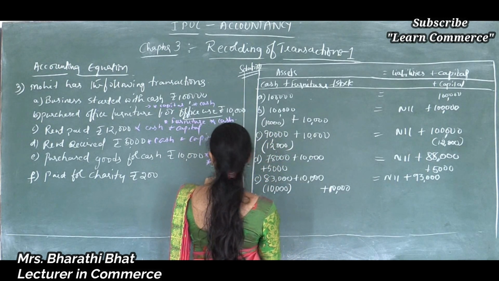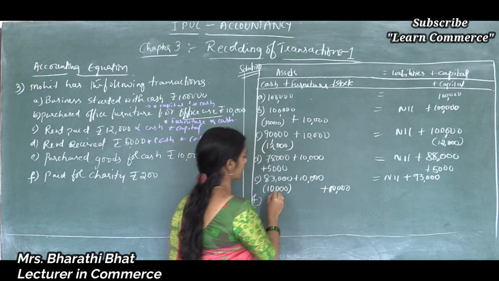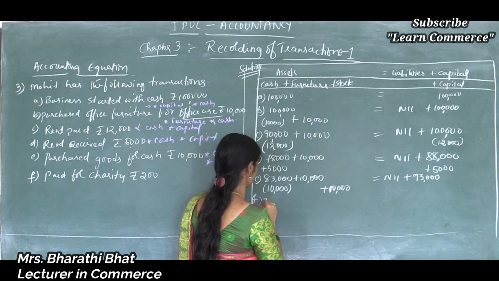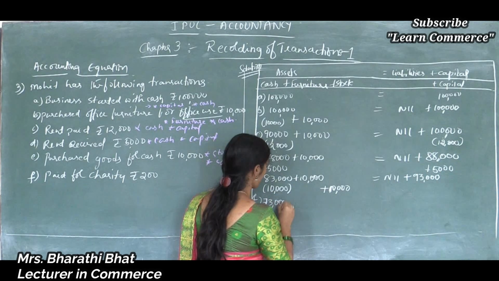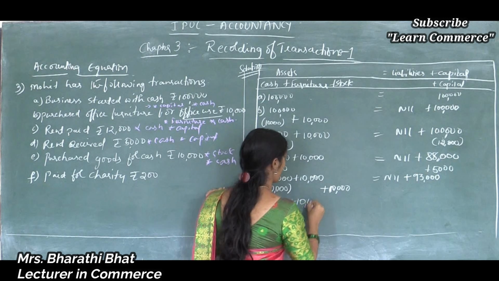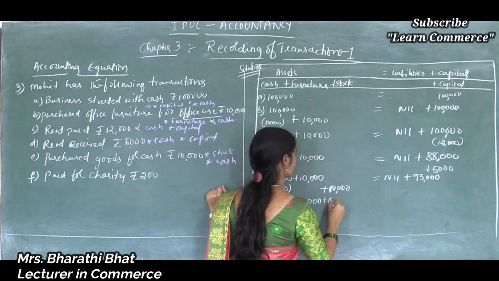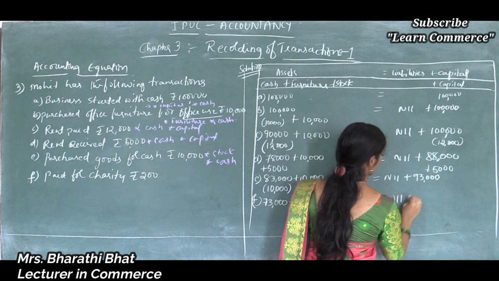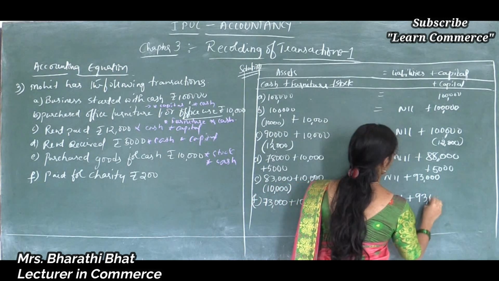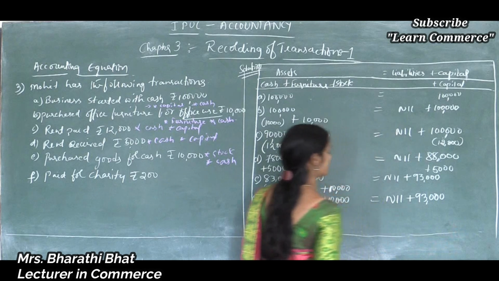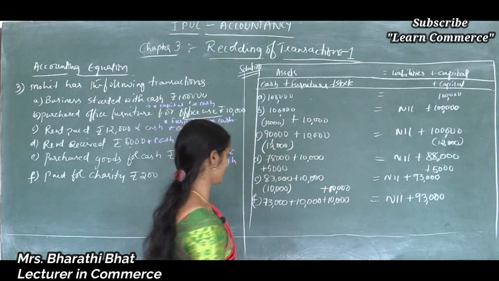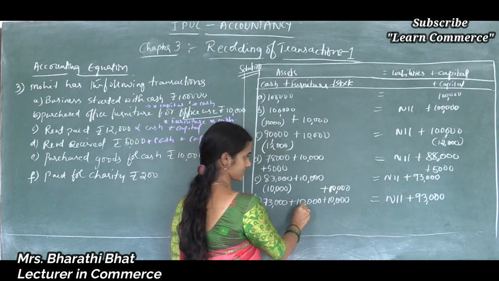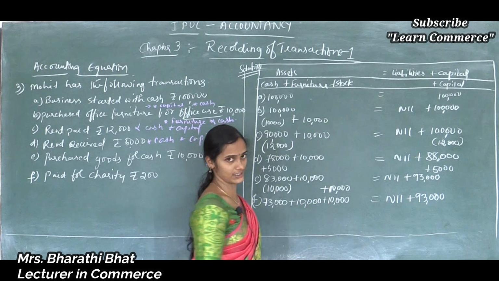Now 83 minus 10, 73, plus 10, plus 10. There is no effect on liabilities and capital. So 73 plus 10, 83 plus 10, 93,000.